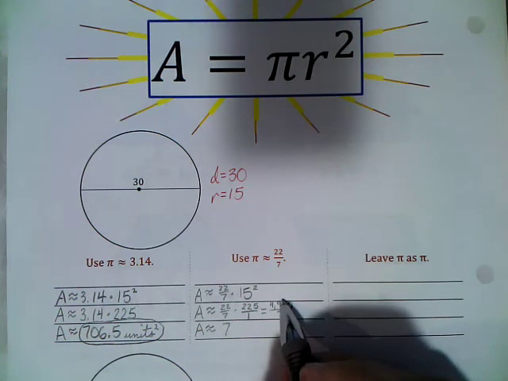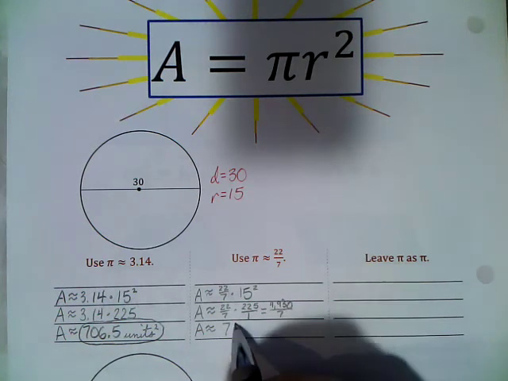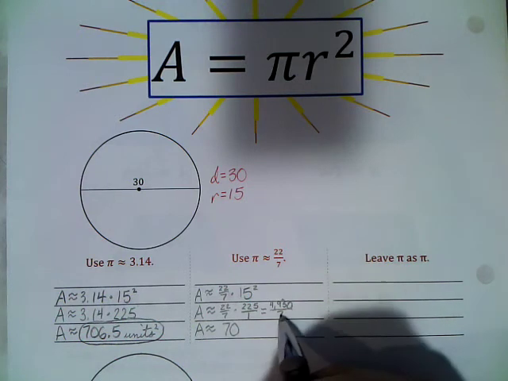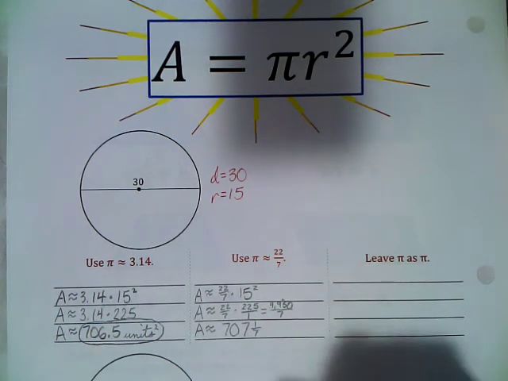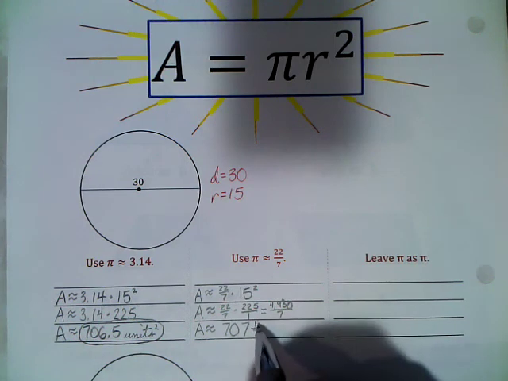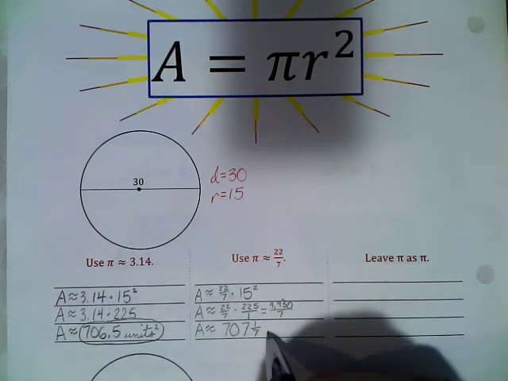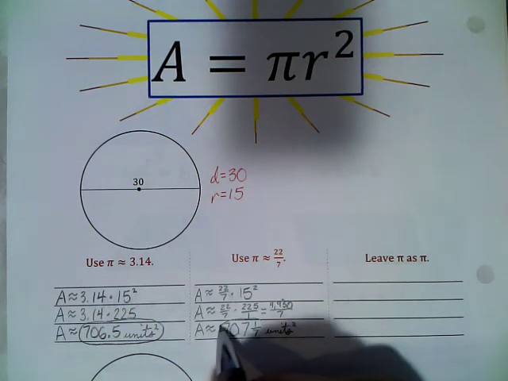So you can put a little 0 there. So that's just a 5 then. So 7 does not go into 5, so 0. And then 7 then goes into 50 7 times with 1 left over. So this ends up being 707 and 1/7. And again, since the units weren't given, we have to say square units.